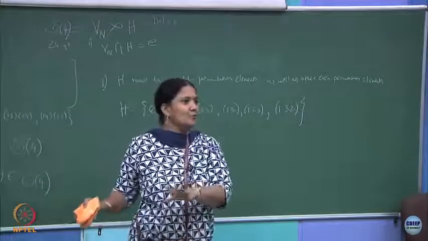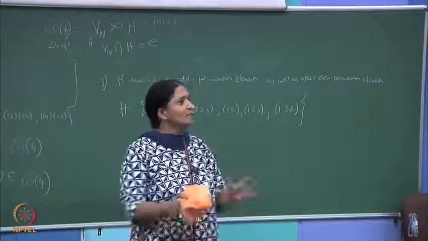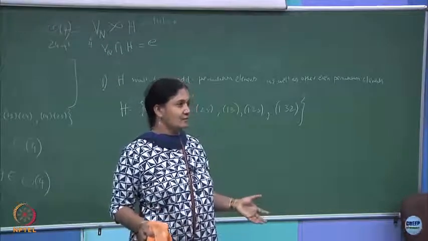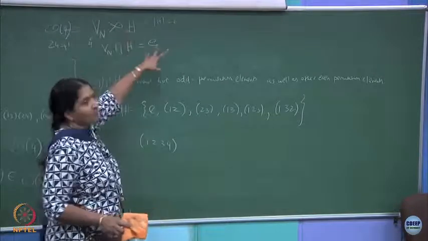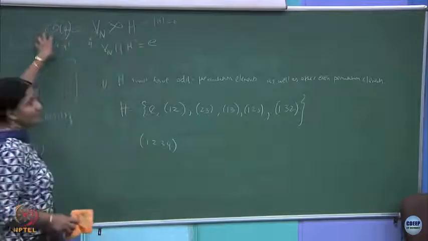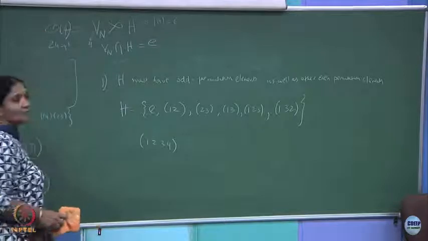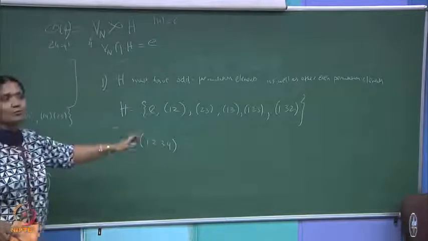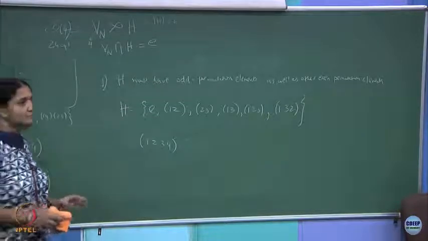You do not need to permute the 4th object, it can just remain itself and you permute only the 3 objects. But what I want you to check is that the semi-direct product will give you all the 24 elements for this particular case, and this is the way one should go about reasoning it. Okay.